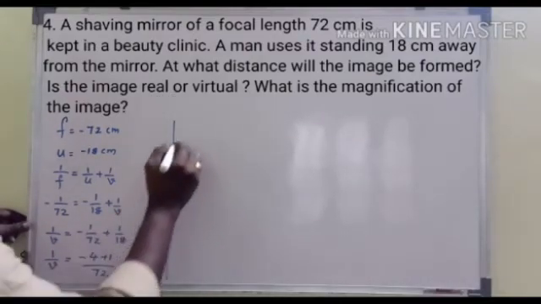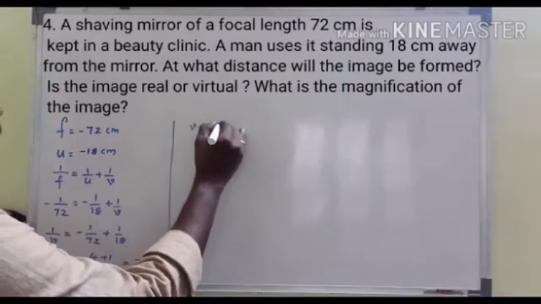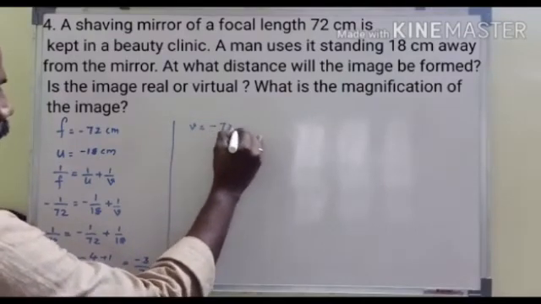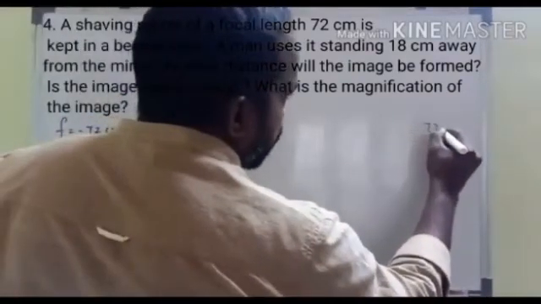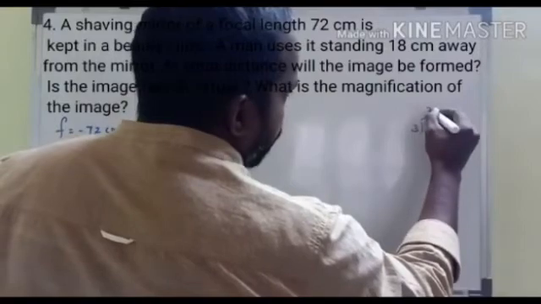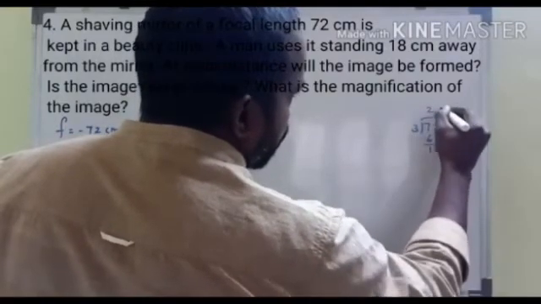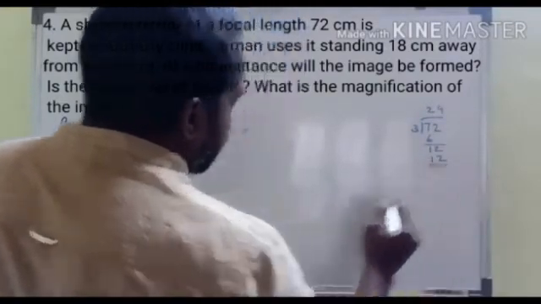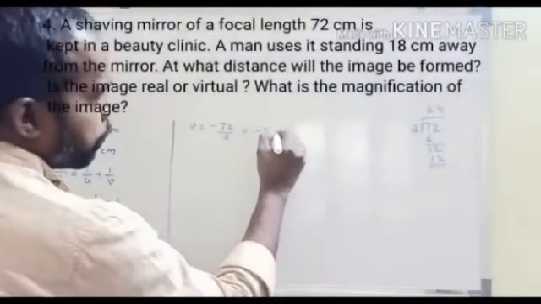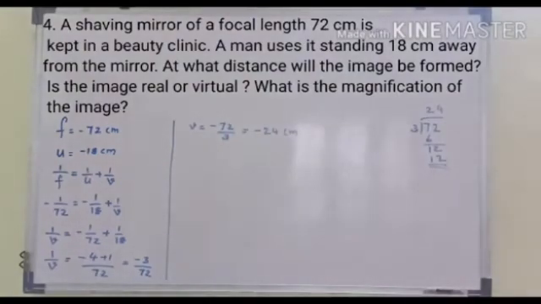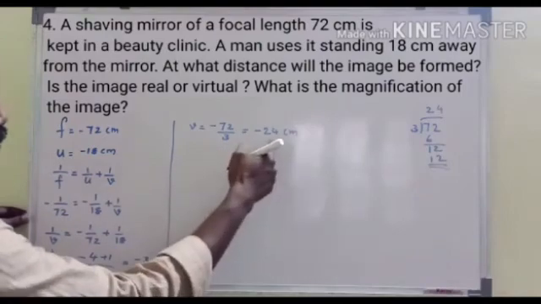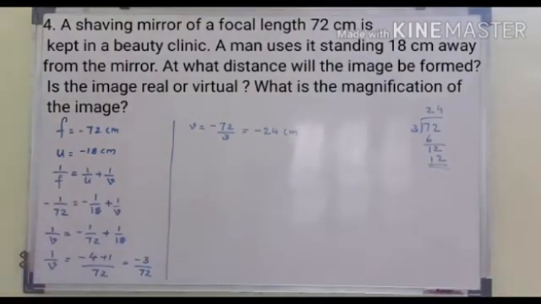So v is equal to minus of 72 by 3, and 72 divided by 3 is 24. So v is minus 24 centimeter. The image is at a distance of 24 centimeters away from the mirror, and the image is virtual.